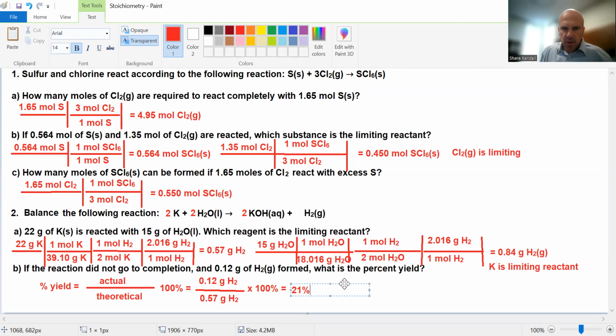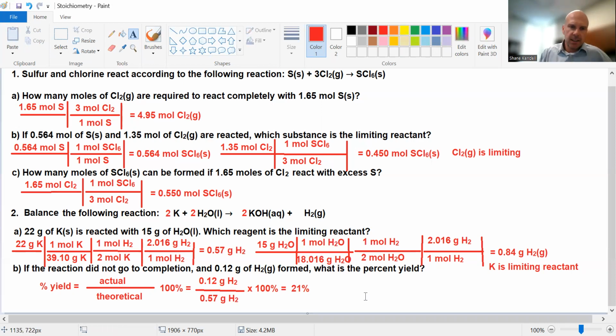That's our percent yield, 21%. So always actual divided by theoretical, but you've got to make sure that it's going to be the same quantities. It's the same units.